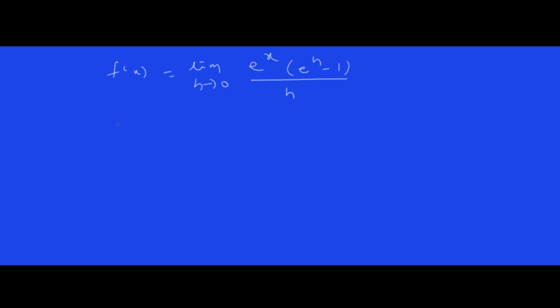Hence, f prime of x is equal to e to the power x times the limit as h tends to 0 of e to the power h minus 1 over h. Now, the tricky part is evaluating the limit.